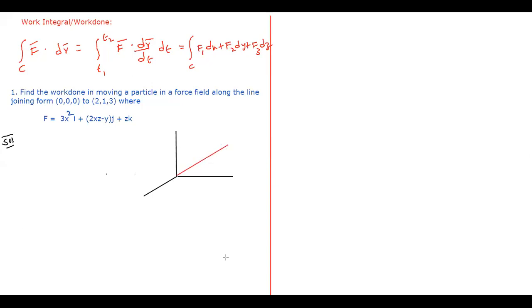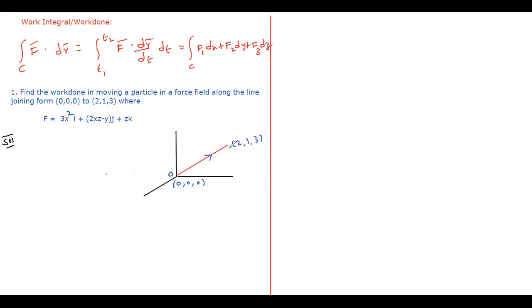Okay, so this is (0, 0, 0) to (2, 1, 3) along the straight line.